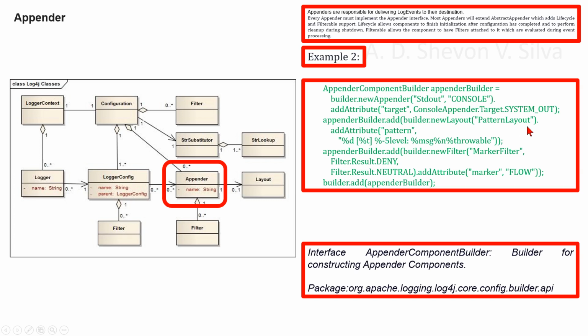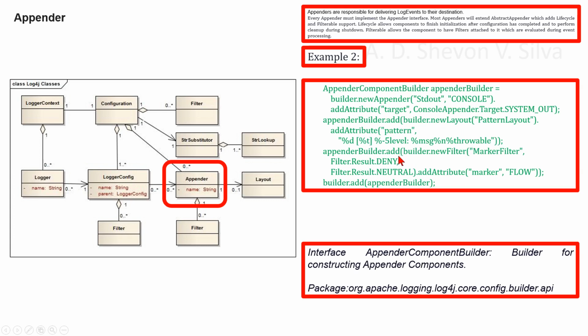The string is the plugin name here. Here the addAttribute adds the boolean attributes. This is the key and again the value here, the pattern. And this returns the layout, the LayoutComponentBuilder.